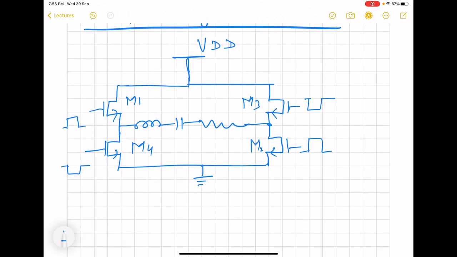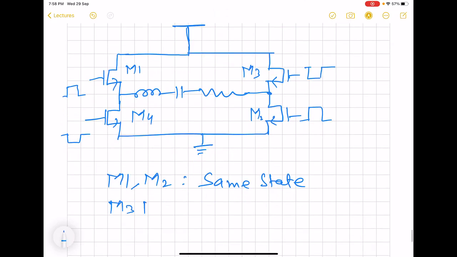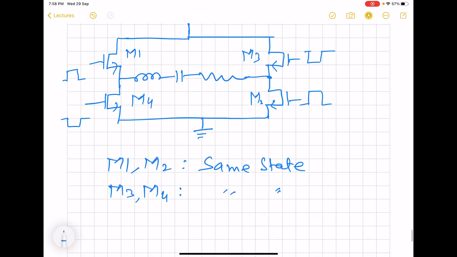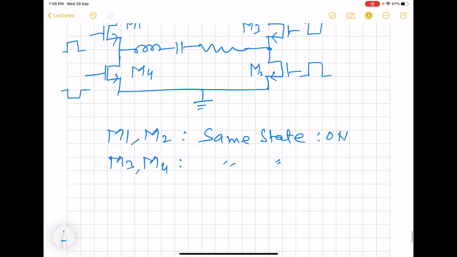So here, all the MOS are going to act like a switch. M1, M2 will always be in the same state, and M3, M4 will also be in the same state. But these two pairs will be in a state opposite to the state of the other pair. So for example, when this one is on, the other pair is going to be off.